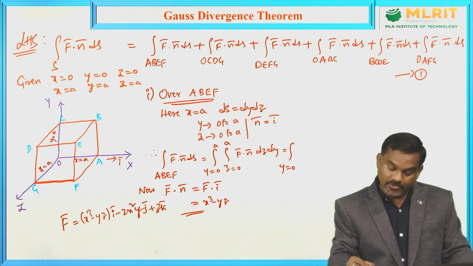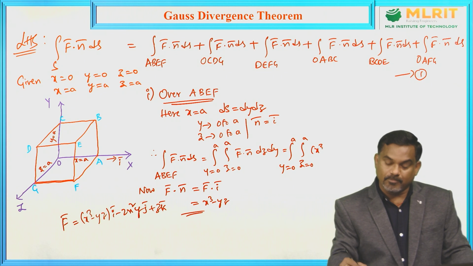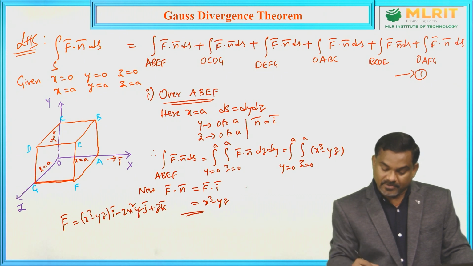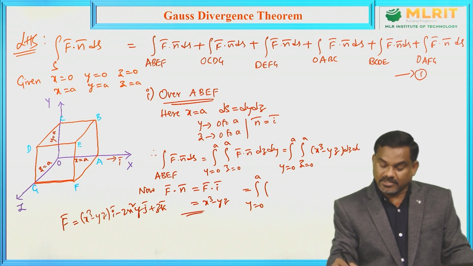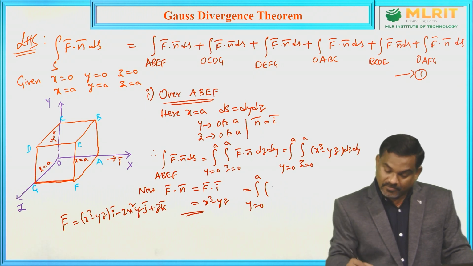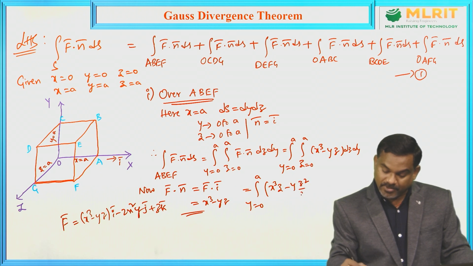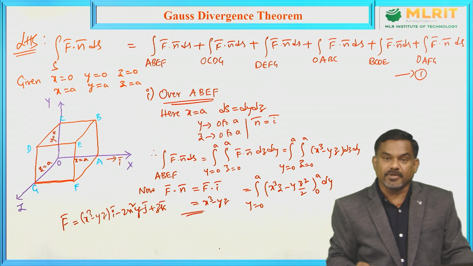Y from 0 to a, z from 0 to a, x cube minus yz. First with respect to z, then with respect to y. So with respect to z, x cube z minus y z square by 2, 0 to a, then with respect to y remains.